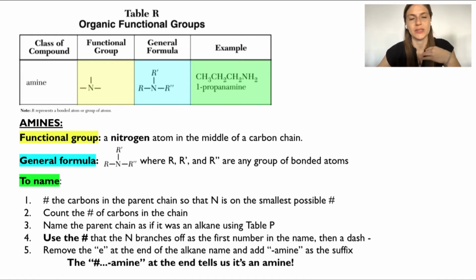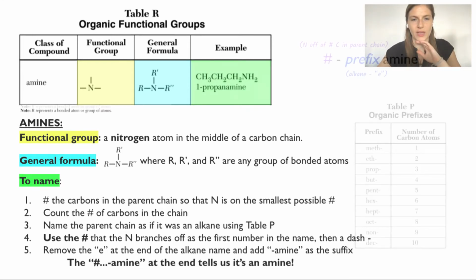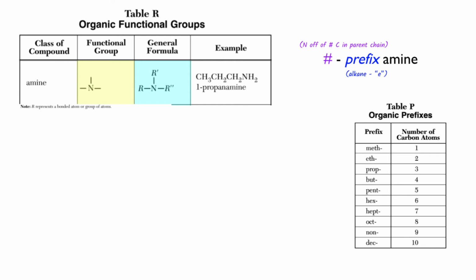So we're going to look at the example that's given and think about that. Let's take a look at the example given to us in Table R for an amine group. Table R is showing us 1-propanamine. Notice the format of this naming convention.